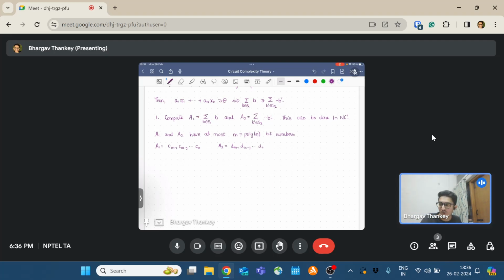Can you tell me what conditions Cm minus 1 to C0 and dm minus 1 to d0 should satisfy so that A1 is greater than or equal to A2? Okay, suppose Cm minus 1 were strictly less than dm minus 1. Then can A1 be greater than or equal to A2?